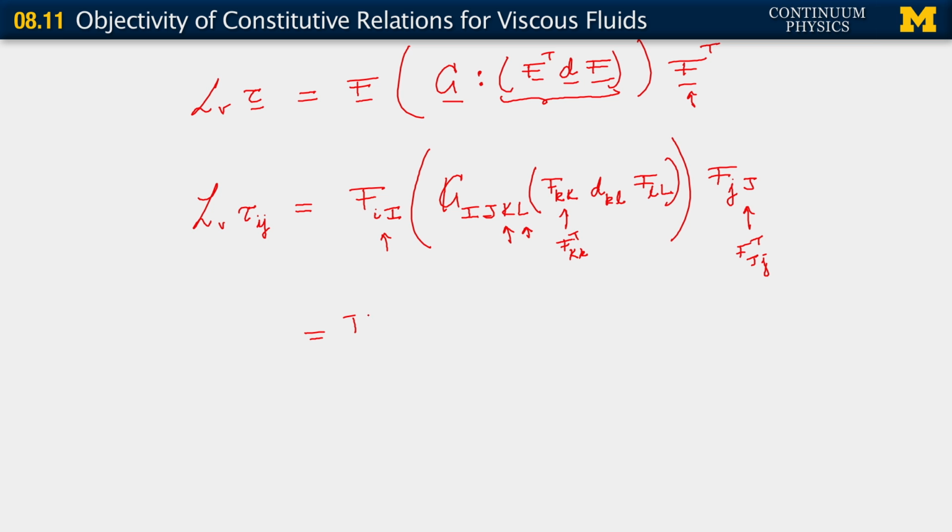So we can essentially write this as F iI, F jJ, F kK, F lL, C, no underbar, we are working in coordinate notation, C I J K L. Okay, all of this, so I'm going to put a parenthesis on this, and leave D little k little l outside.